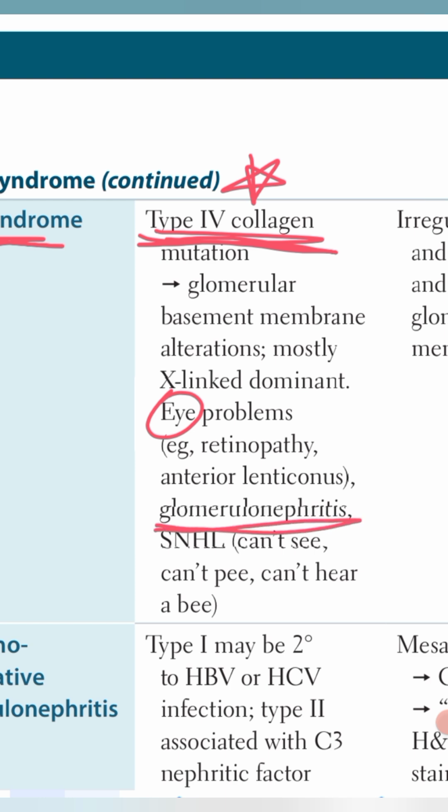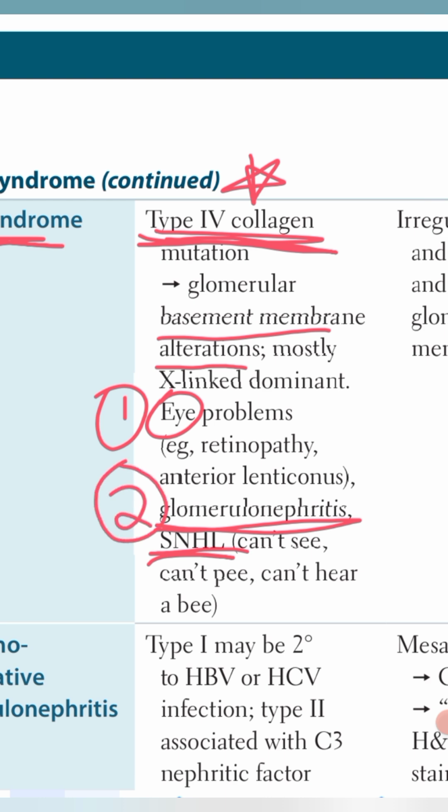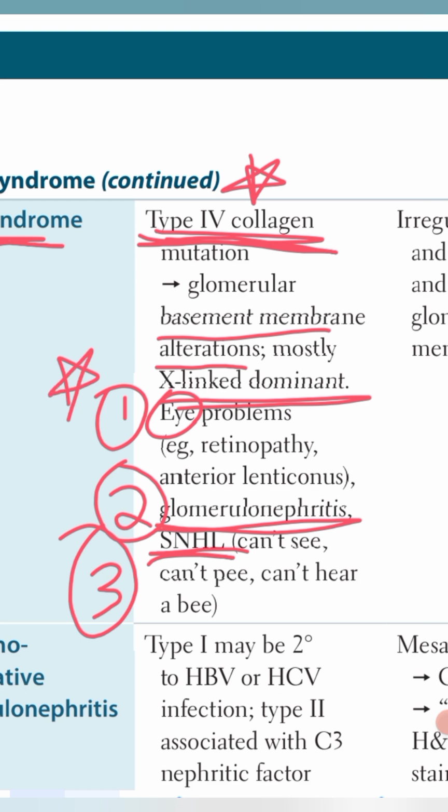Resultingly, when there is a mutation in collagen, it will cause glomerular basement membrane alteration, and it will cause eye problems like retinopathy and anterior lenticonus, kidney problems like glomerulonephritis, and ear problems like sensorineural hearing loss. Can't see, can't hear, can't see and hear, and it is an X-linked dominant disorder.